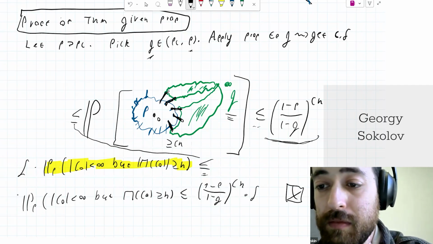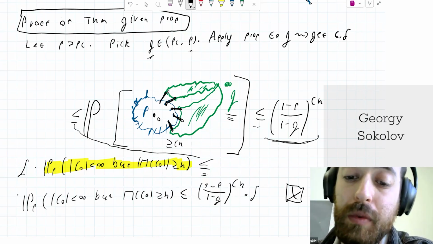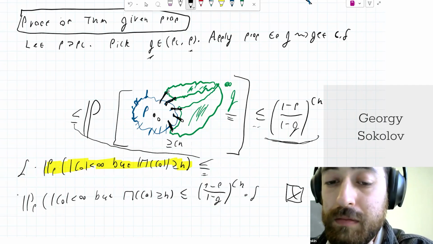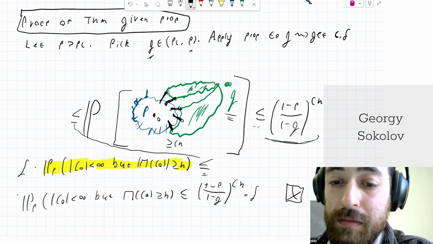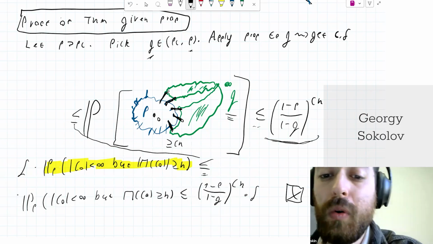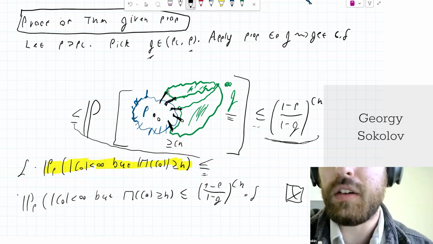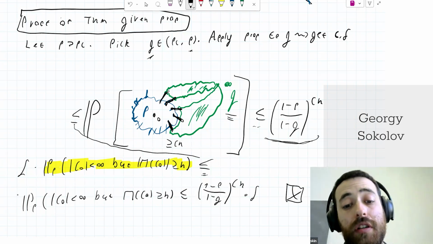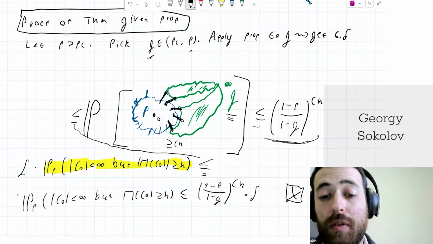When do we stop our first step of the process? Well, you want to go until you reach the cluster of the origin, but you still do not have the cluster of origin. So I just reveal the entire cluster of infinity under q percolation. I reveal the entire cluster of the origin under q percolation.